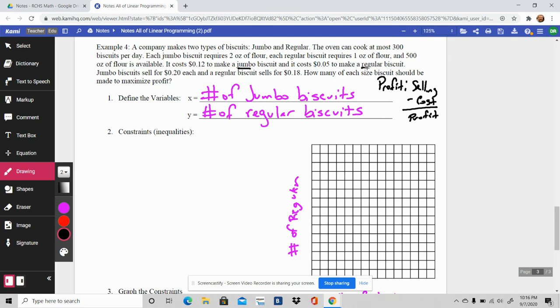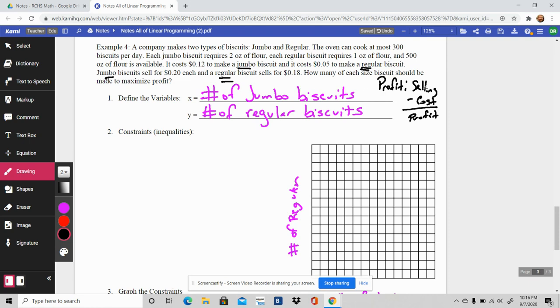This number, 5 cents, is associated with regular. Jumbo biscuits sell for 20 cents each, and regular for 18 cents. So these numbers are going to go together, because both of these numbers relate to jumbo, and both of these numbers relate to regular biscuits.